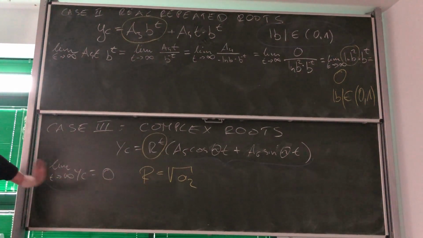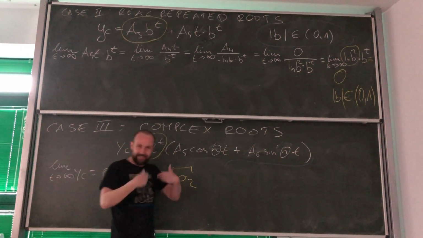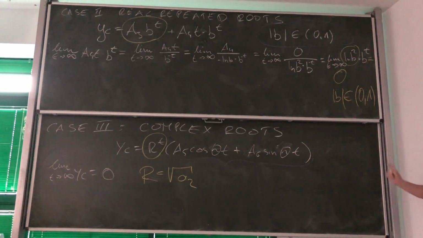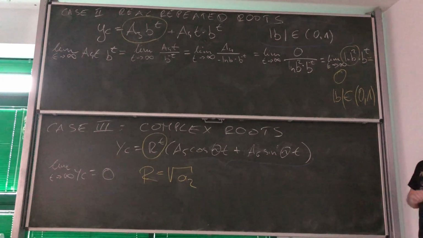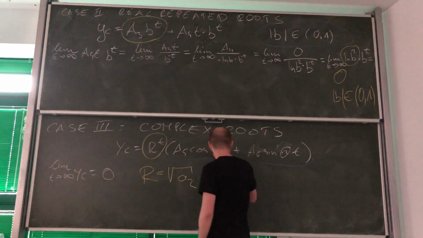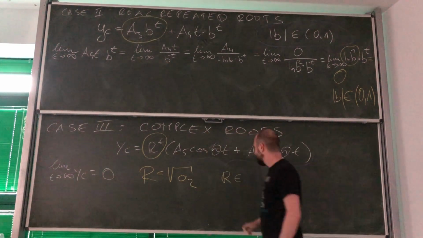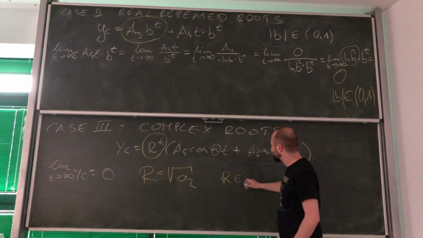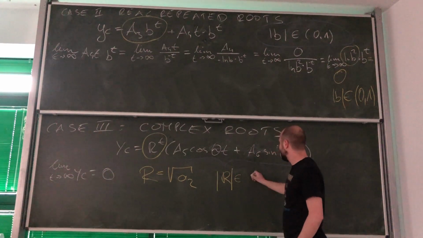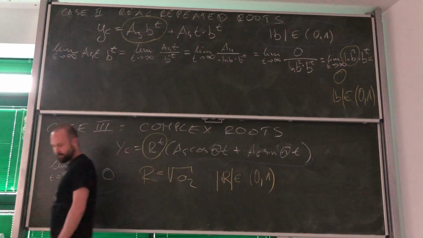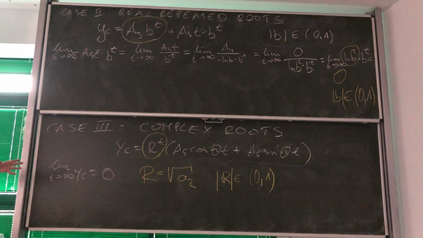As long as we have a case of complex roots, so assuming A1 squared is lower than 4A2, this is the formula for the root. And look, if the absolute value of R is somewhere between 0 and 1, we're going to have convergence, right?